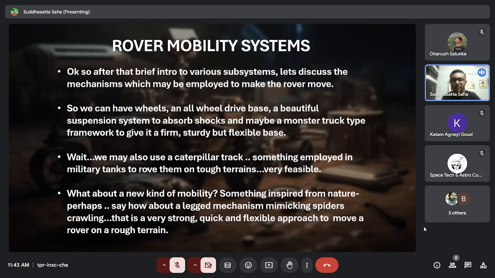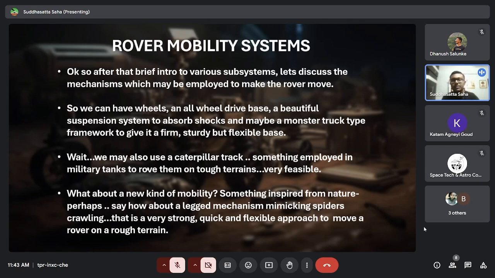In the case of cars, you have a suspension system, you have an all-wheel drive base. So basically that is how the car moves. But in the case of rovers, it is subjected to very diverse terrain, which means that depending on the mission, if you want to explore the surface of a planet, you can employ an all-wheel drive base similar to a car, but not exactly.